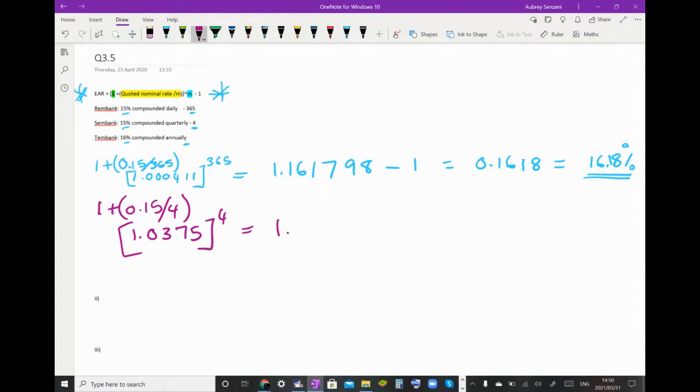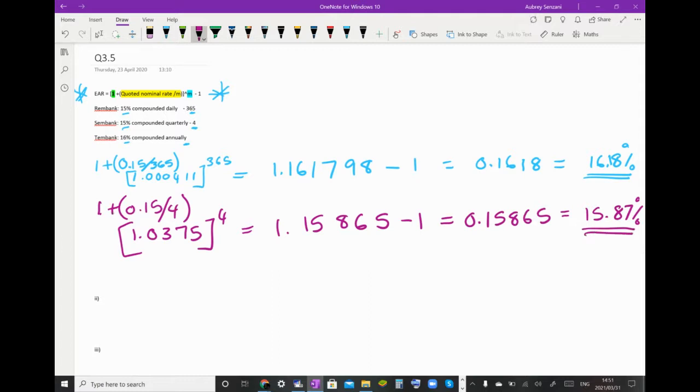Okay, I get 1.15865. Okay, then minus 1, we then get 0.15865, which is equal to 15.87%. Okay, so that's the second interest rate.